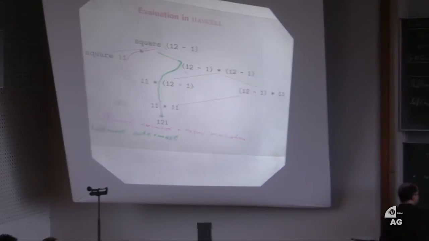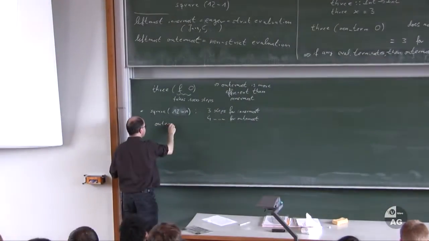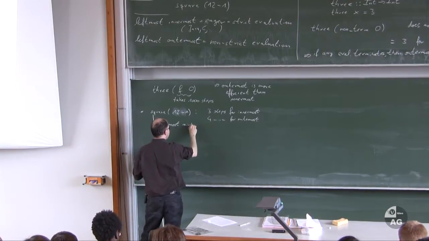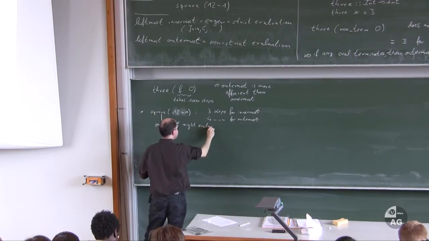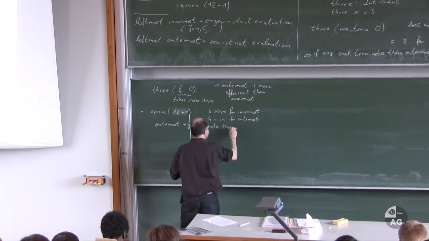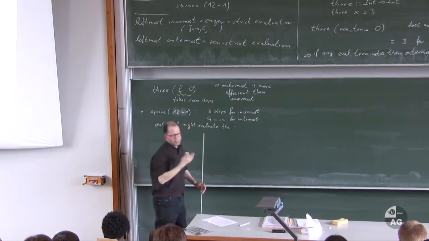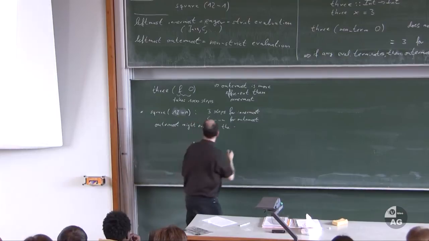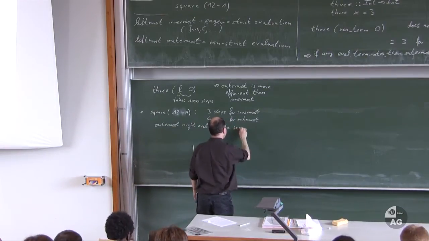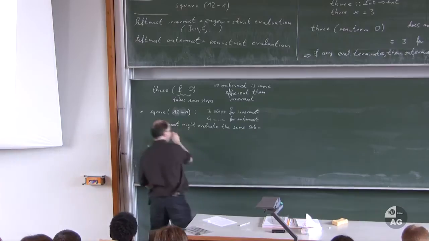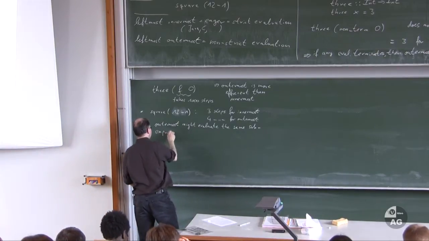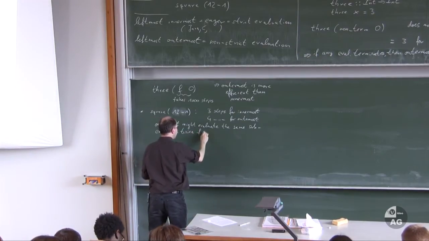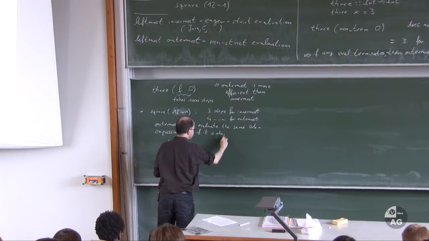So outermost might evaluate the same sub-expression twice, or 3 times or 4 times if it is doubled or copied 3 times or 4 times, if it is duplicated.